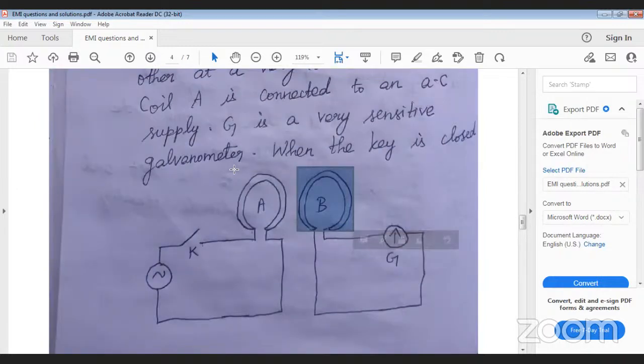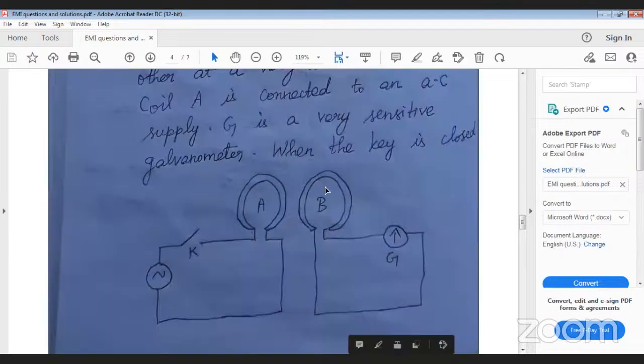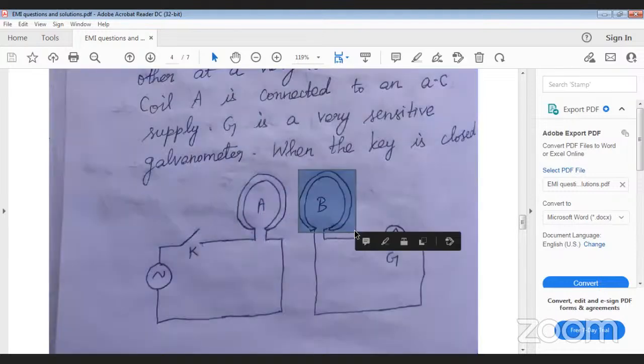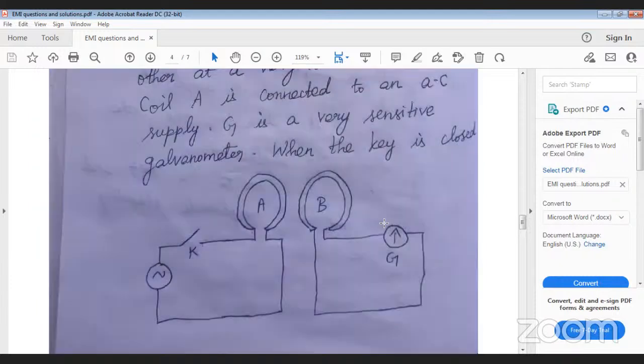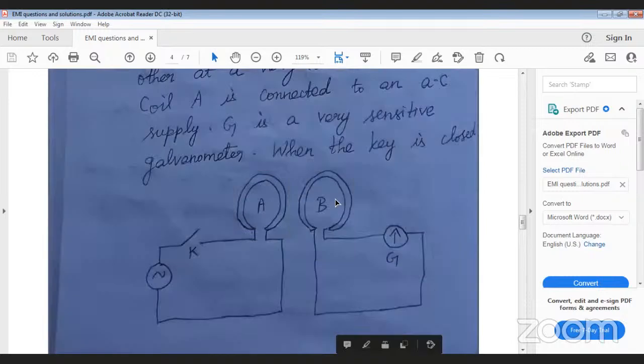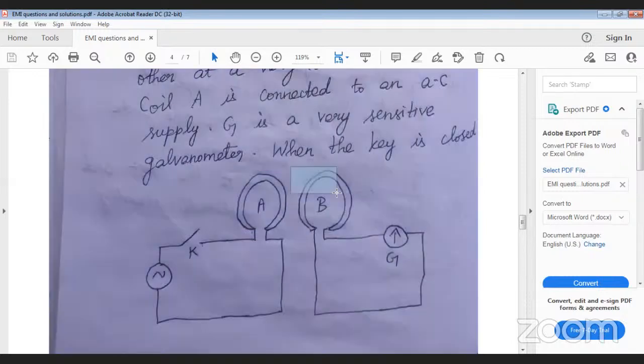Another coil is adjacent to the primary coil. This is the secondary coil, because with the secondary coil you have no current source connected directly. You have only a galvanometer connected here. Due to the flow of current through the primary coil, EMF is generated in the secondary coil and also induced current.